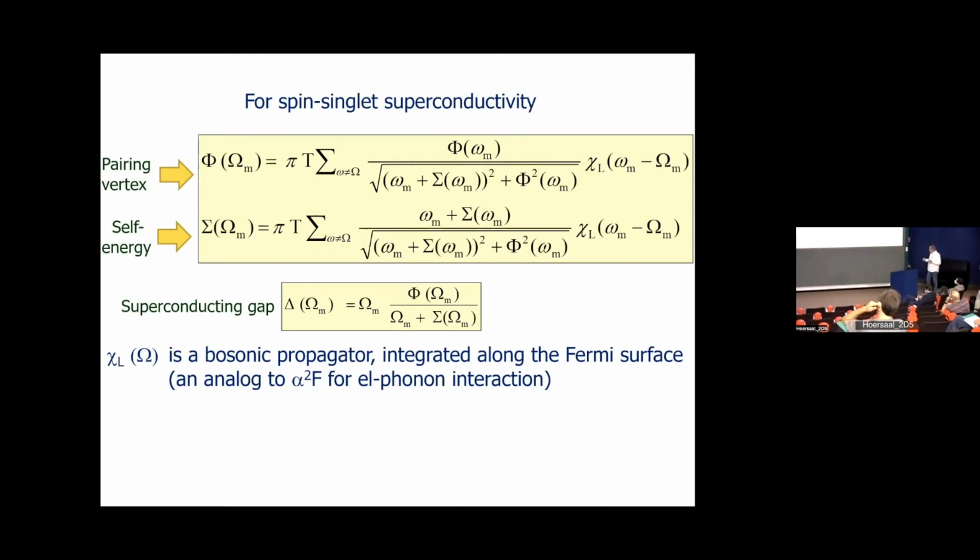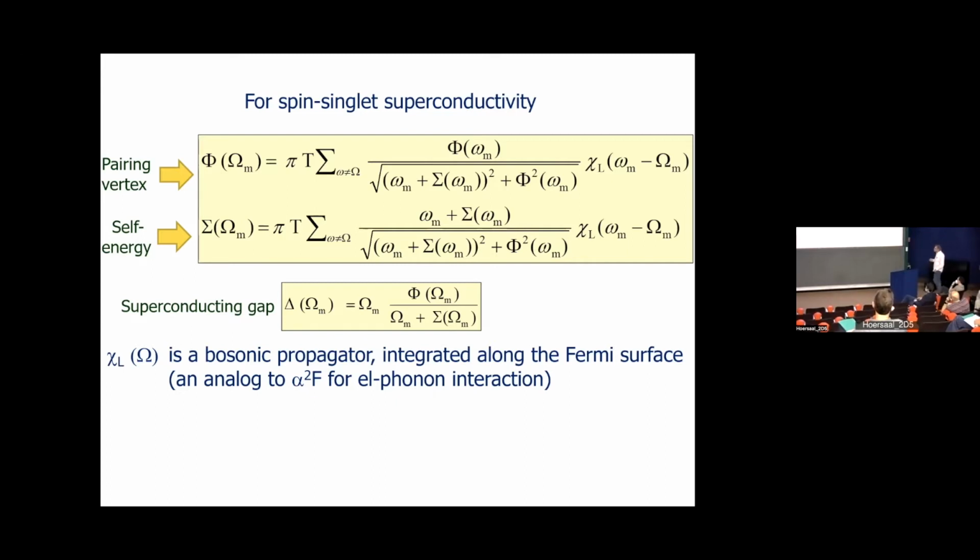You will see another version of these equations in the SYK model, which is similar but not identical. There is an equation for the pairing vertex. There is an equation for the self-energy. Both depend on frequency. And competition here is again on a trivial level. Sigma is in the denominator of the equation for phi. Phi is in the denominator of the equation for sigma. So the larger is phi, the smaller is sigma.